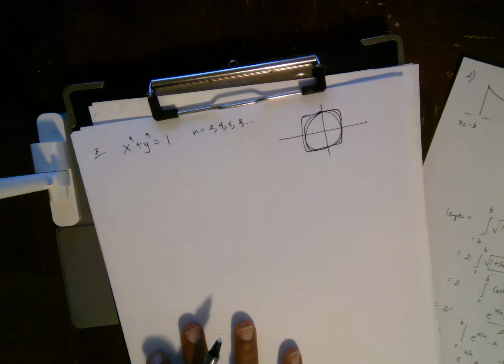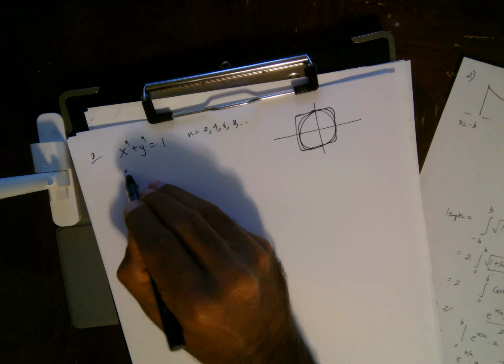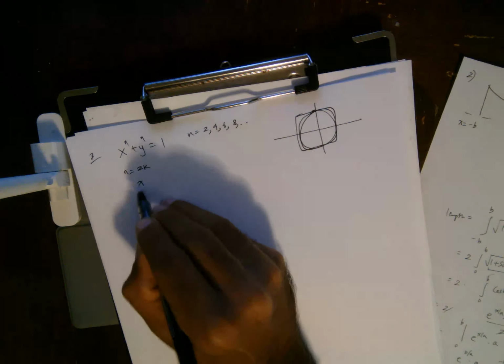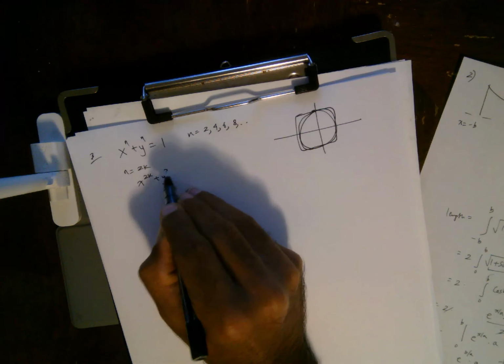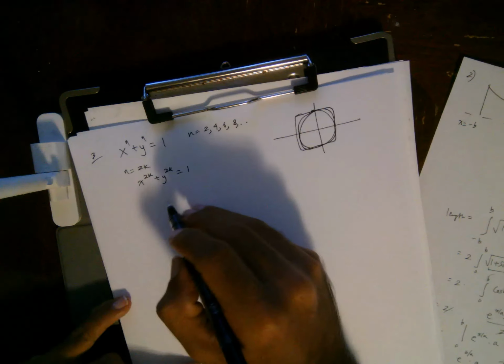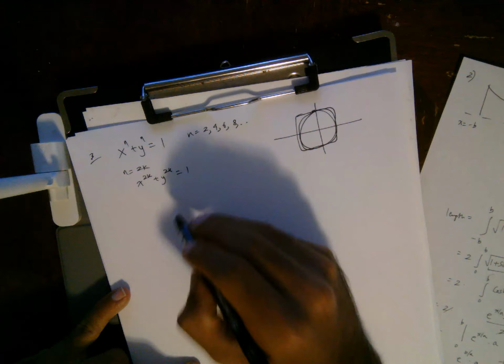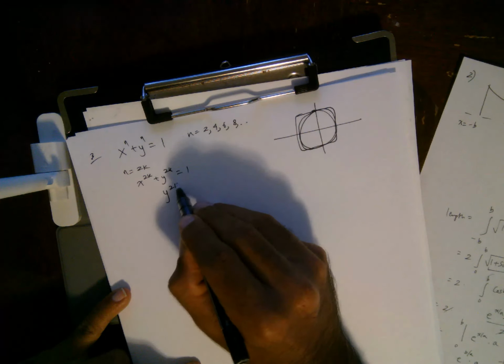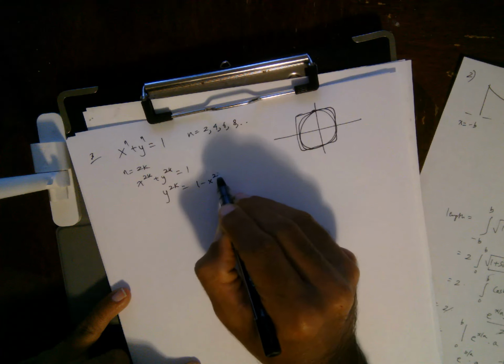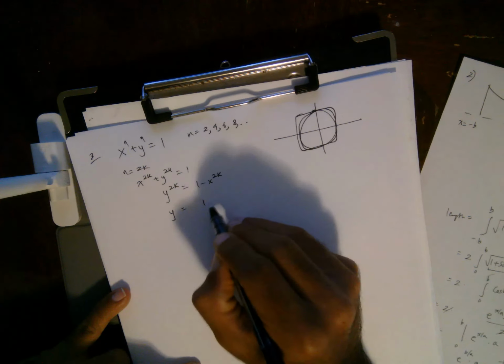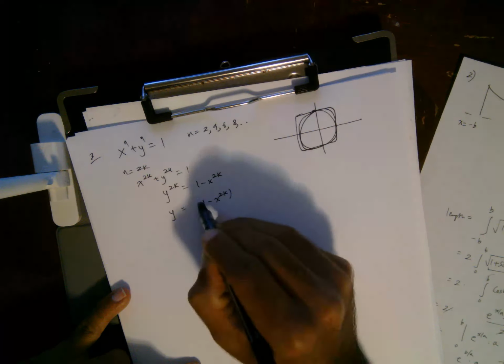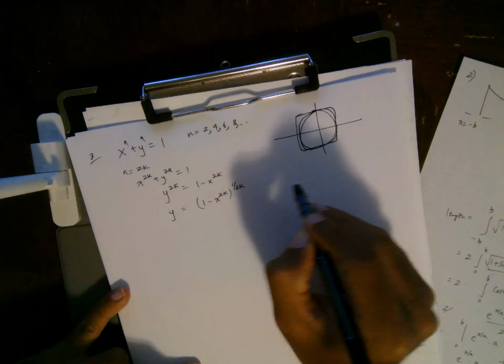So let's try to set up the arc length for when n equals 2k. So I have x to the 2k plus y to the 2k equals 1. So y to the 2k is 1 minus x to the 2k. I take the derivative, I take the root, so 1 over 2k.